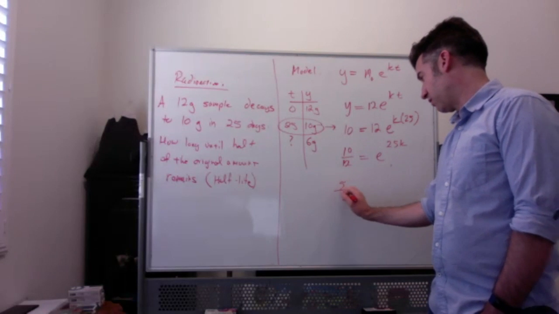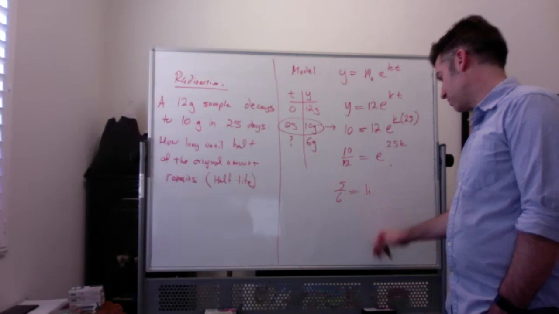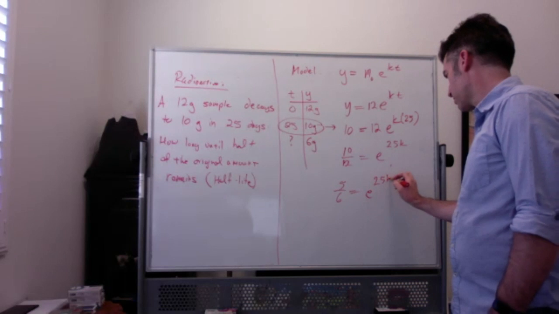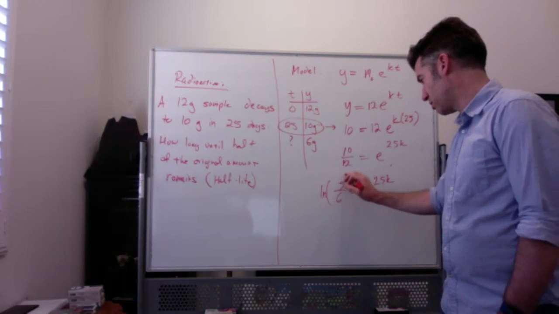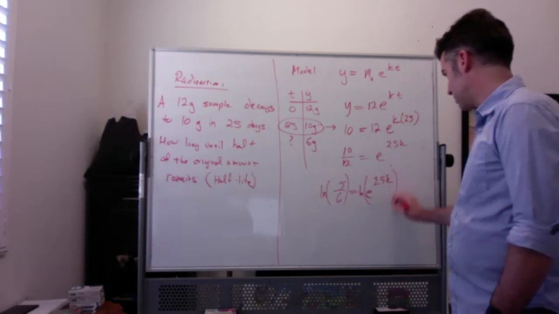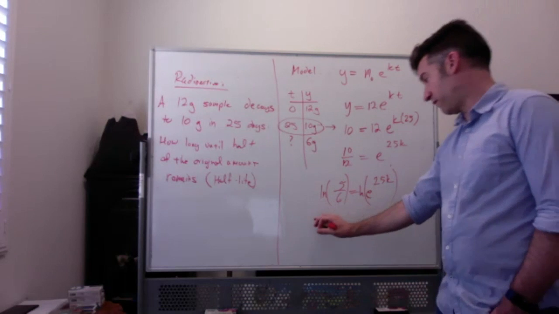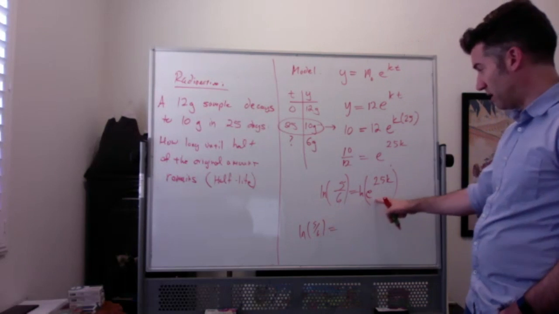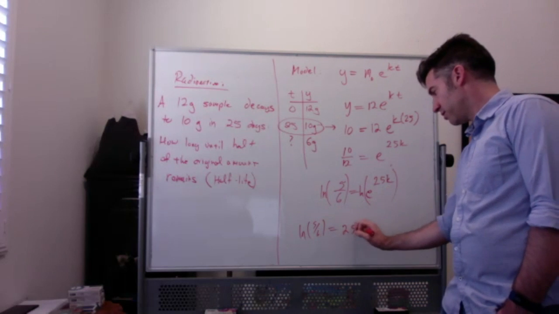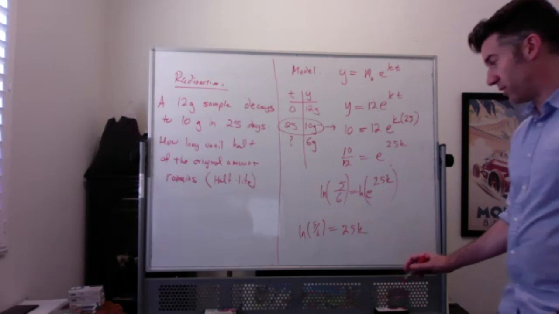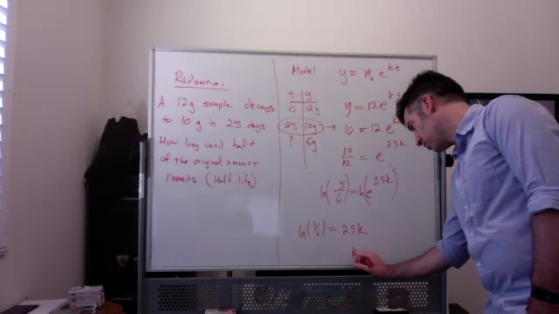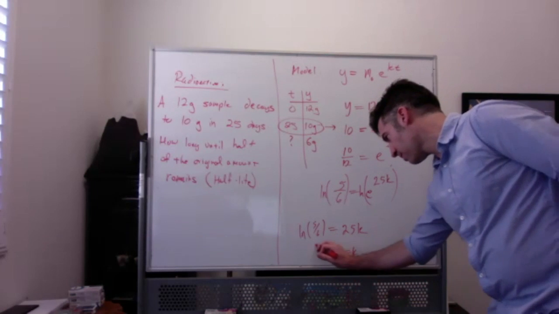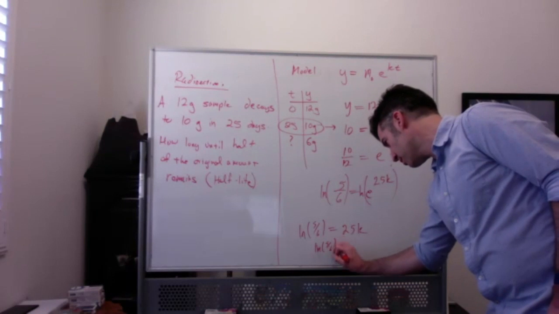So the natural log of 5/6 on the left is equal to the natural log of e to a thing, which is just the thing. So I end up with k equal to the natural log of 5/6 divided by 25.